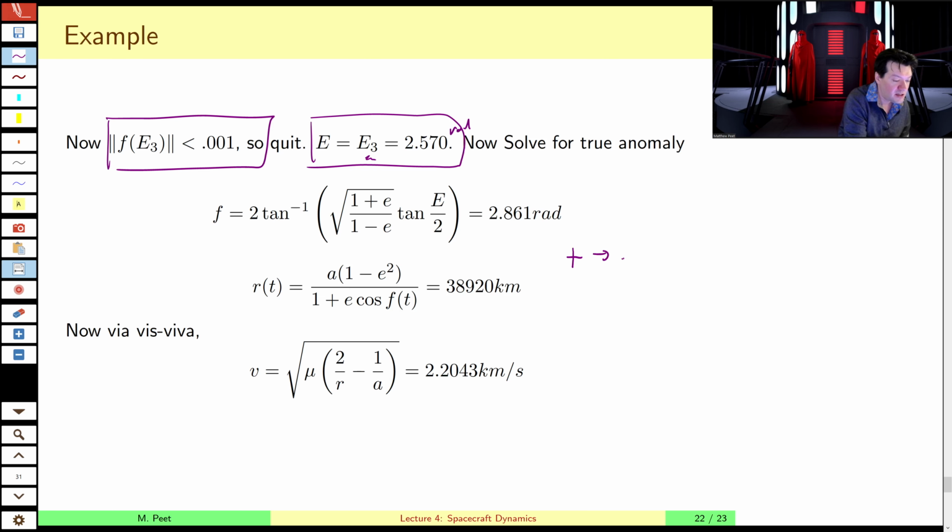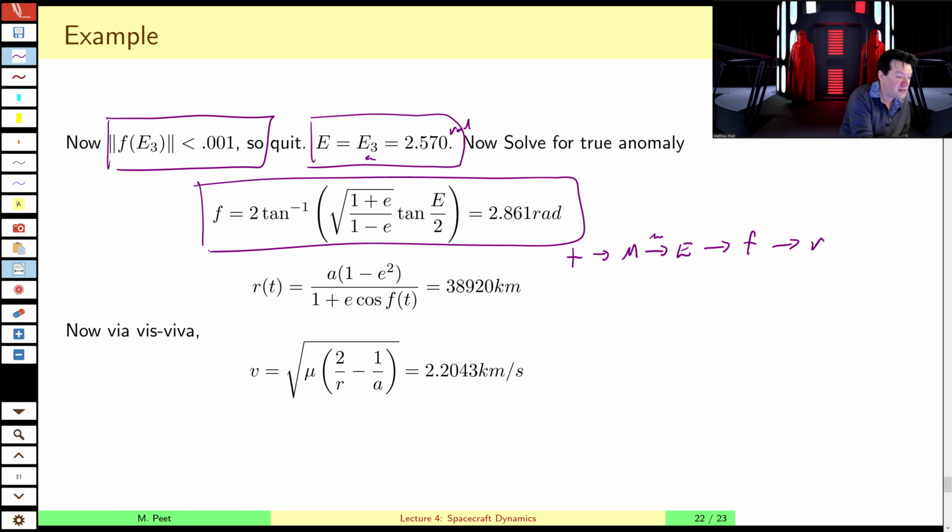We've got T, we've got M, we now have approximately E. And now we're just going to go to the final step and get F and R. F comes from the explicit expression we had for F, right? We just plug in for E now directly, and we get that F is approximately 2.861 radians.